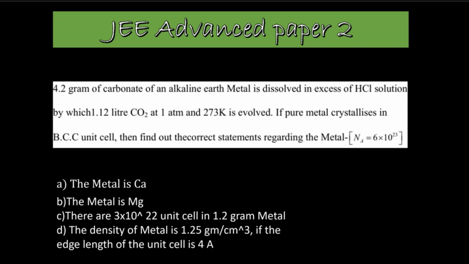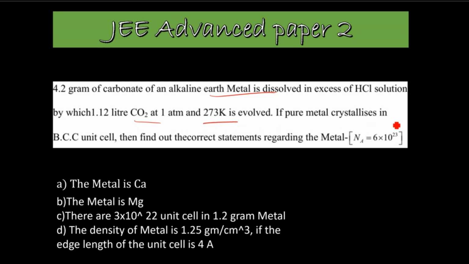Let's see this question. 4.2 grams of carbonate of an alkaline earth metal is dissolved in excess of HCl solution, by which 1.12 liter of CO2 at 1 atm and 273 Kelvin is evolved.